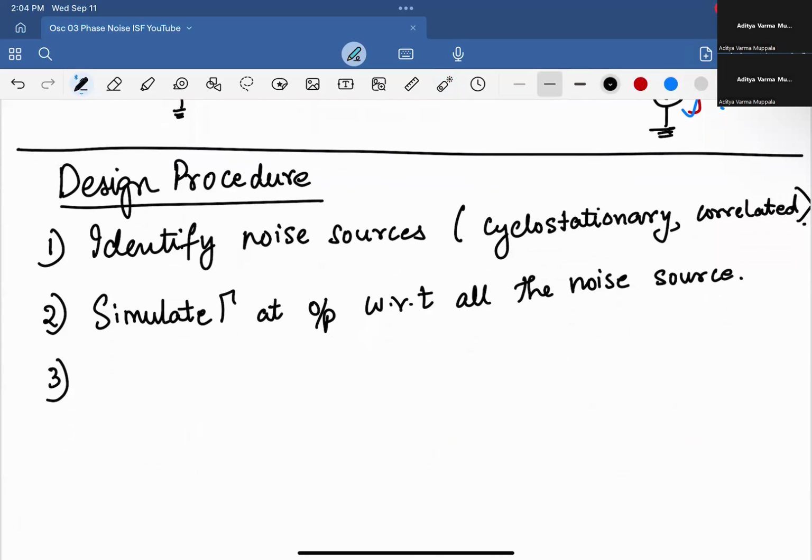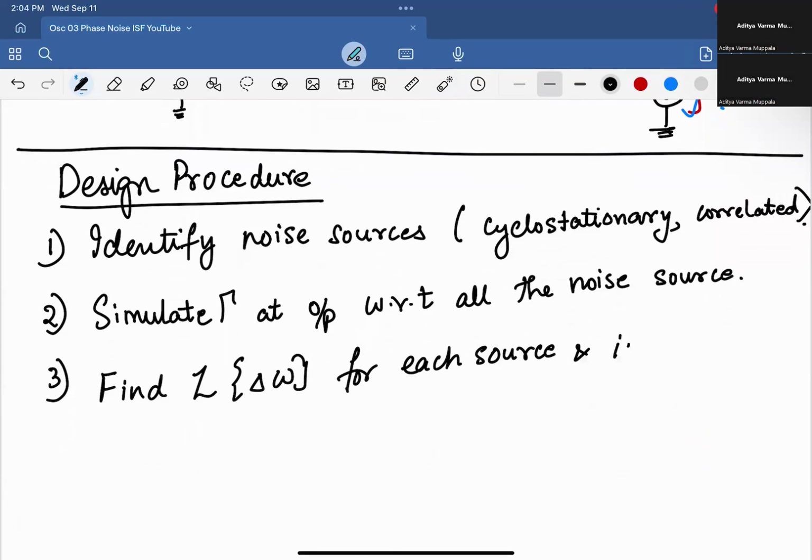Okay, and then you need to find that for each source, keeping in mind the cyclostationary properties and the correlation properties. And identify the worst case, so identify the quote unquote bad sources.